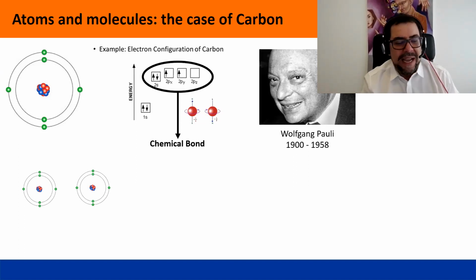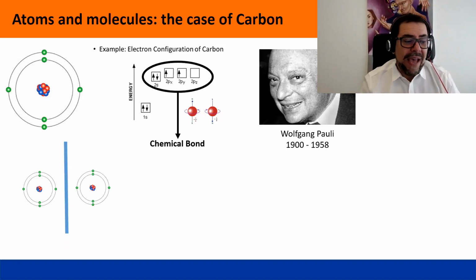The reason is that the carbon atom is a neutral object. And the forces between neutral objects is a very weak force called the van der Waals force, which essentially does not guarantee that you form a strong bond. So it means that, in fact, there is an energy barrier that separates 2 carbon atoms that makes it difficult for them to bind.